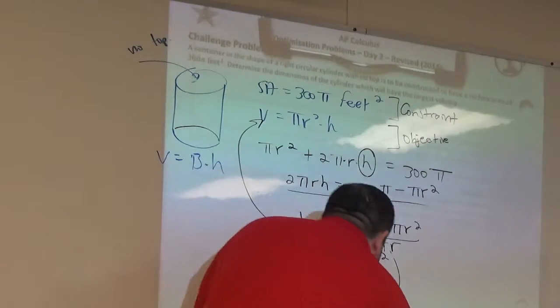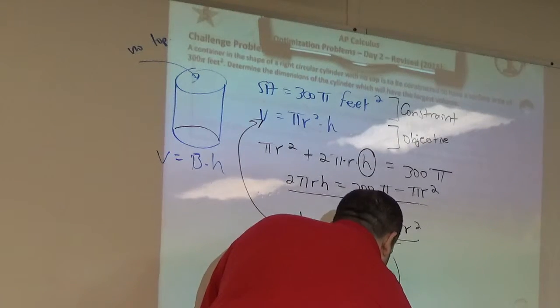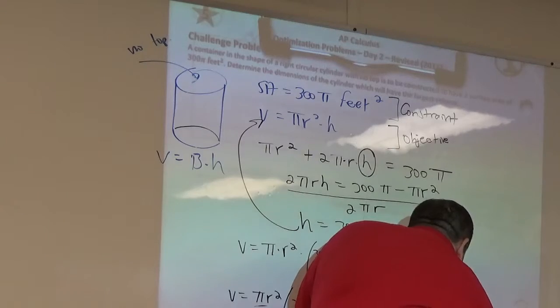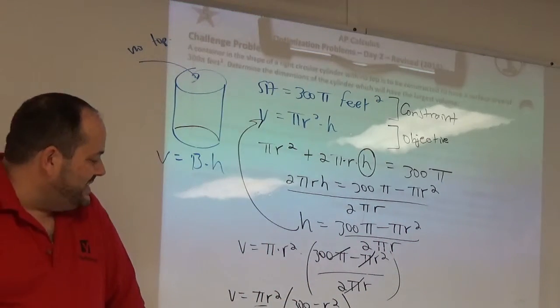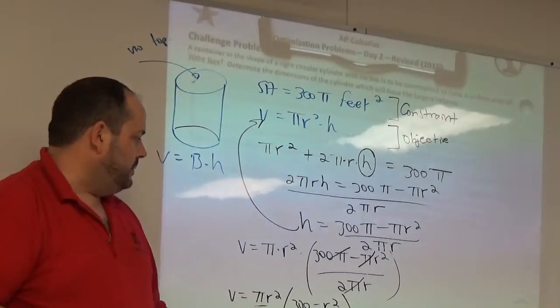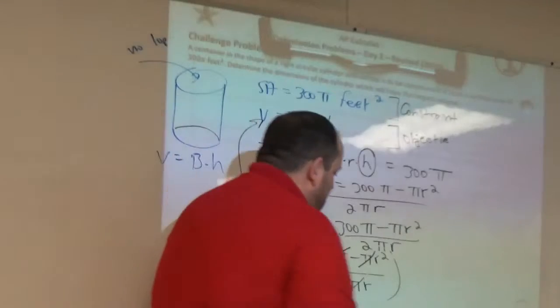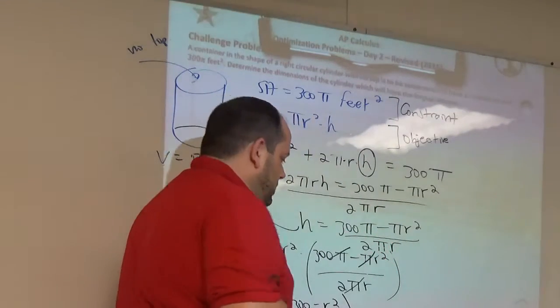I could also say that this is the same as 300 pi r squared over 2r minus pi r to the fourth over 2r. And the reason that I did that, rather than one fraction where I need the quotient rule, is I've got an r in the numerator and an r in the denominator that I can cancel out.